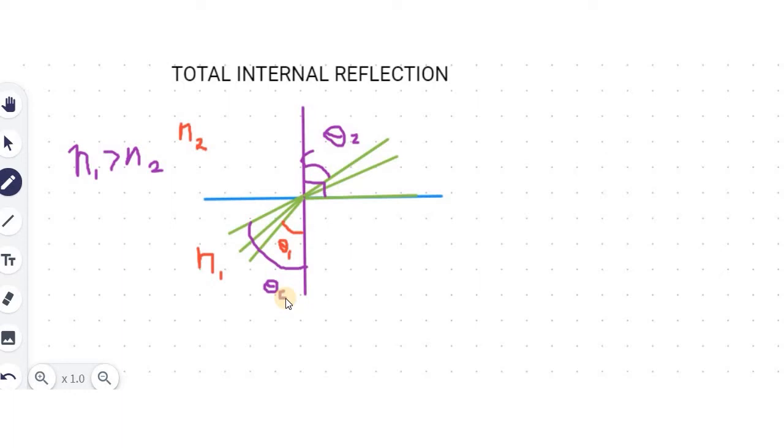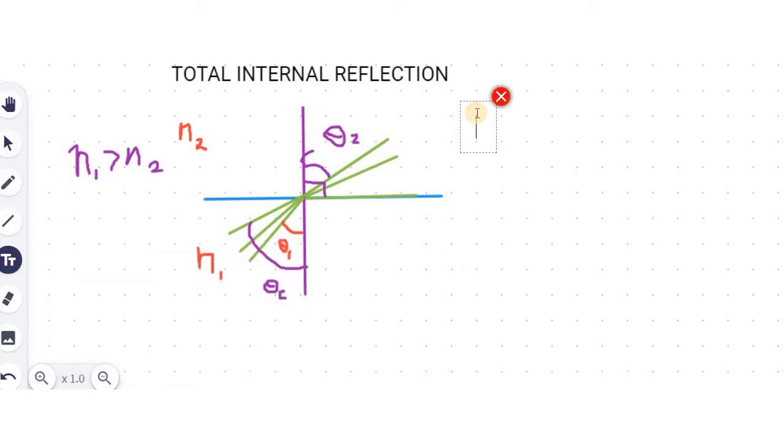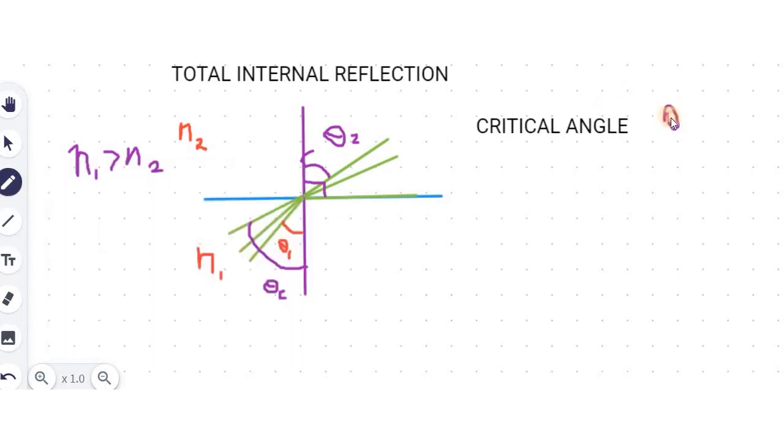Yes, it is called the critical angle, theta c. At this particular angle, the refracted ray makes an angle of 90 degree with the normal.